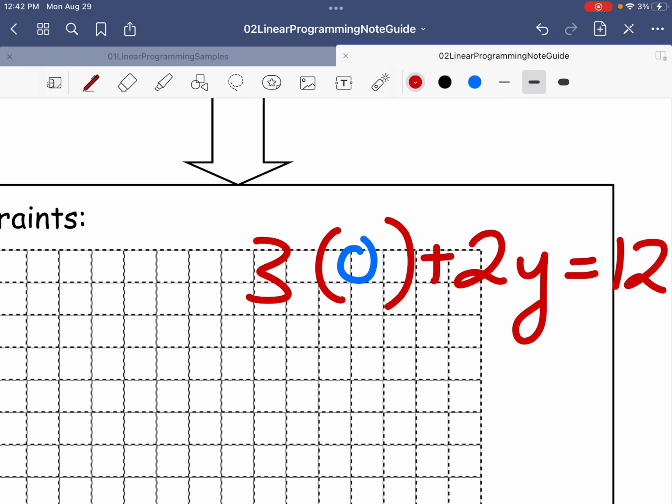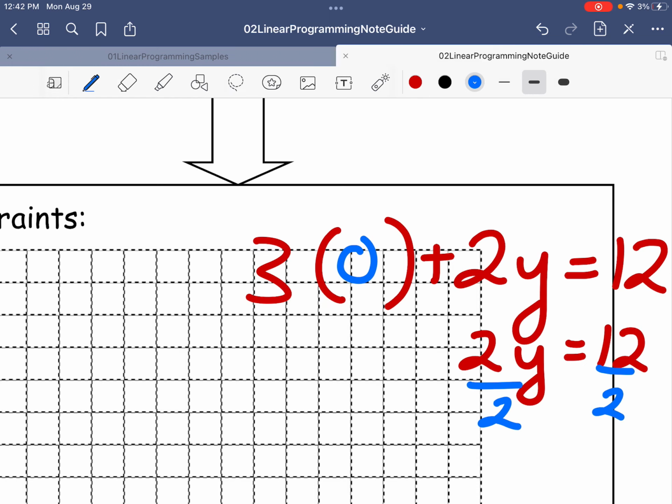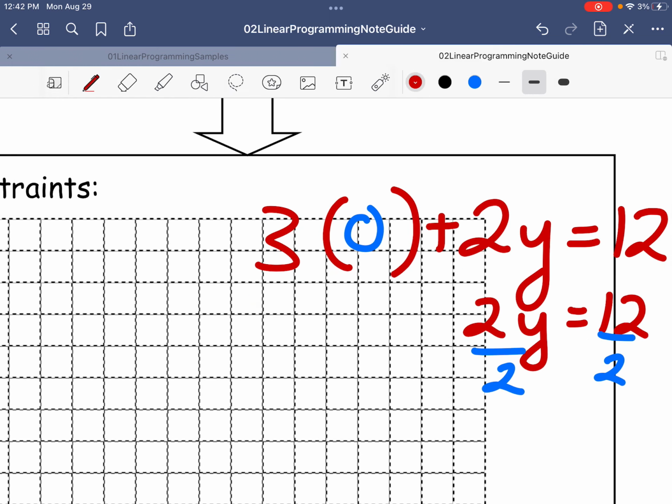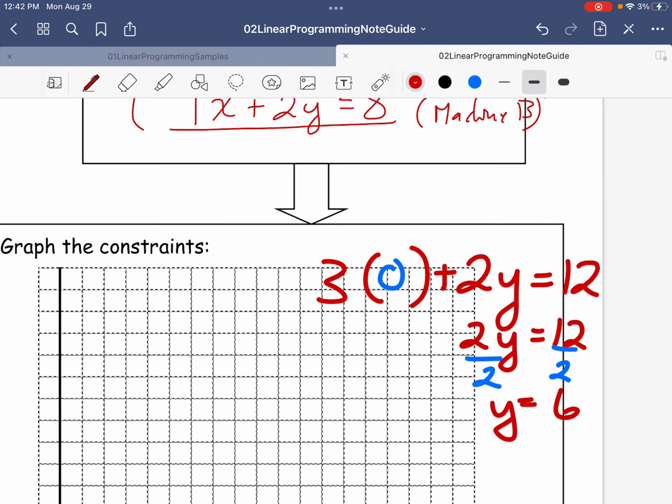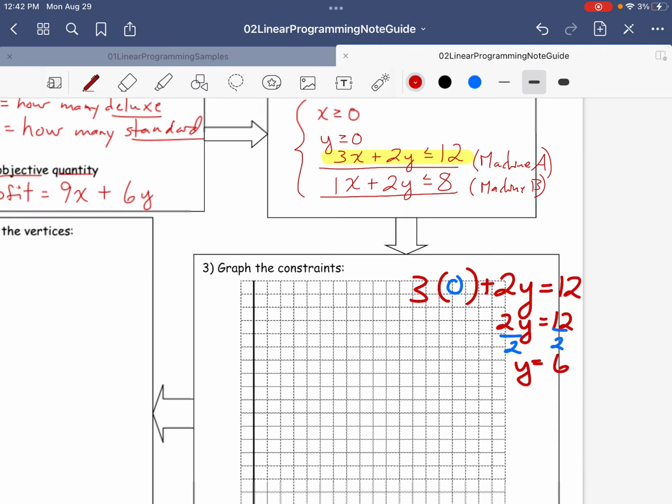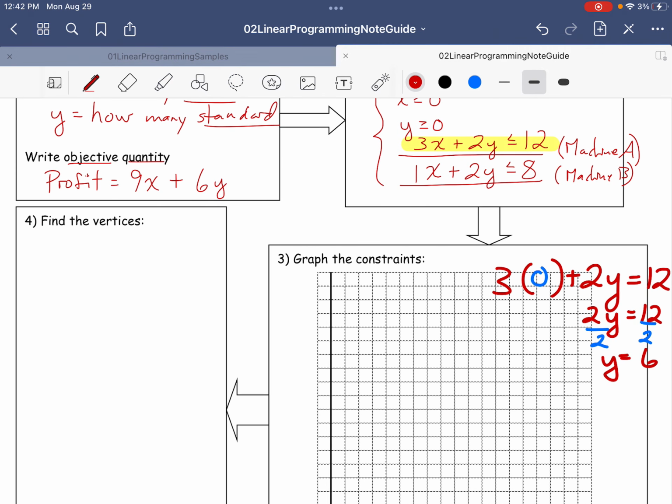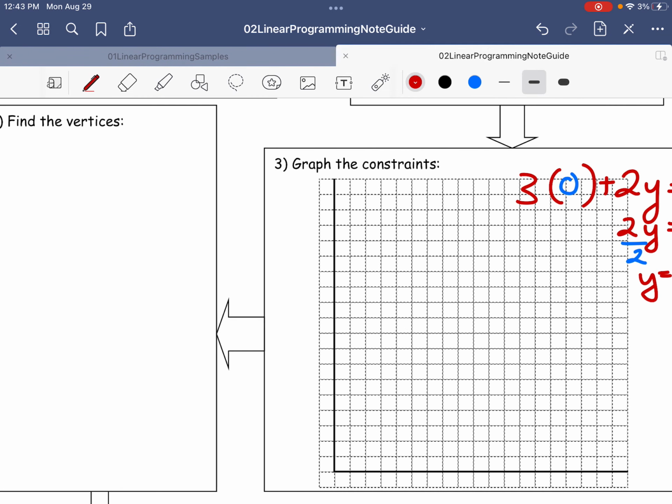Well, remember, what we're trying to do is find the points on the line, and lines are always described by equal signs. So a little bit of simple math, and we get y equals 6. Now you want to understand that y equals 6 is the y-intercept of our yellow highlighted equation. I think we could probably plot that point right now.